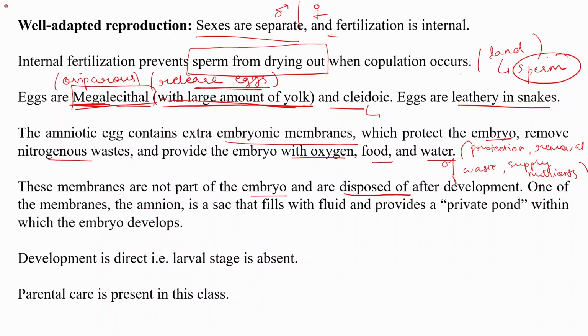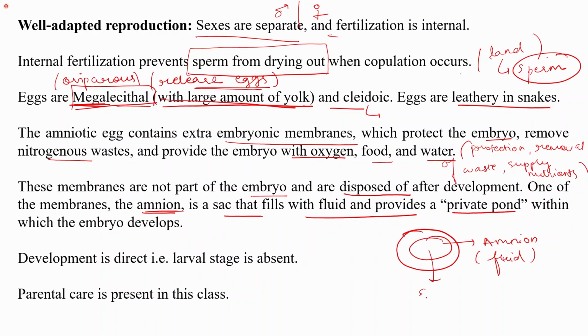One of the membranes, the amnion membrane, is a sac that fills with the fluid and provides a private pond within which the embryo develops. So this is a fluid-filled membrane. This is the amnion membrane, which is filled with the fluid inside which the embryo resides. So this is the embryo.